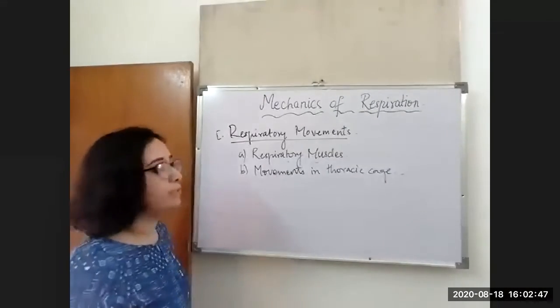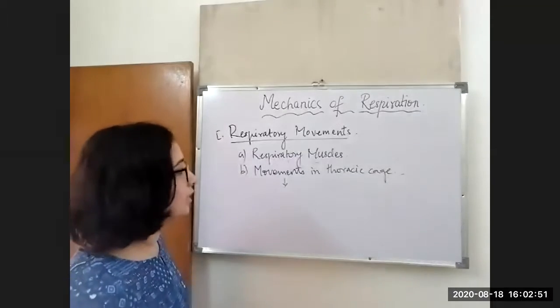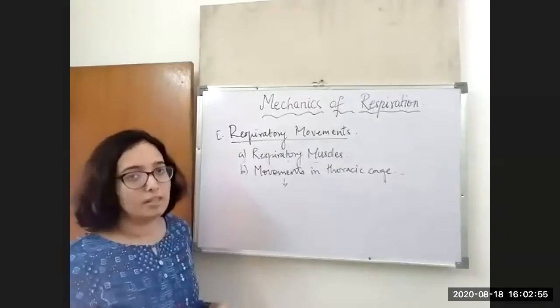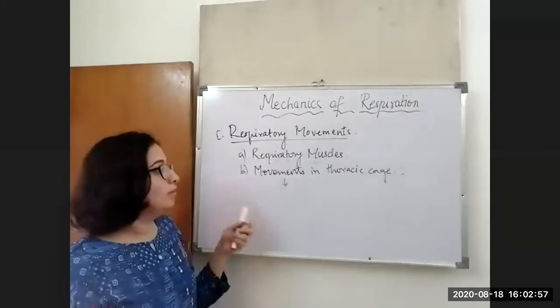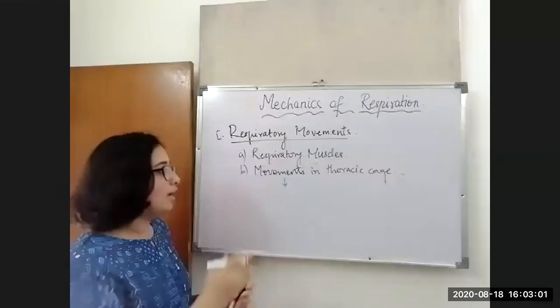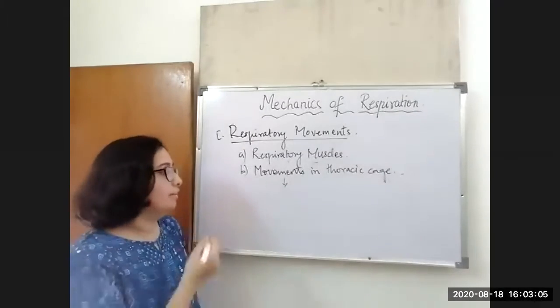Now we will see the movements in the thoracic cage. They differ in inspiration and expiration. When we inspire, there is an enlargement of the thoracic cavity, and when we expire, there is shrinkage of the thoracic cavity.